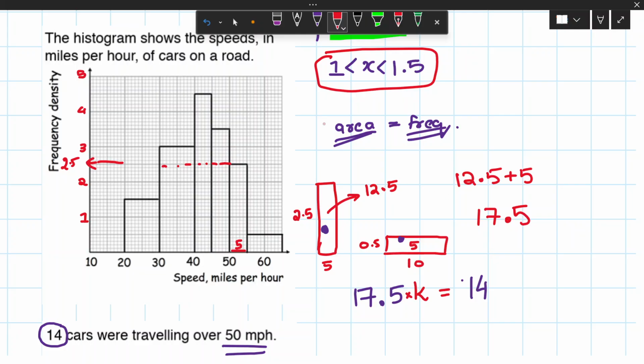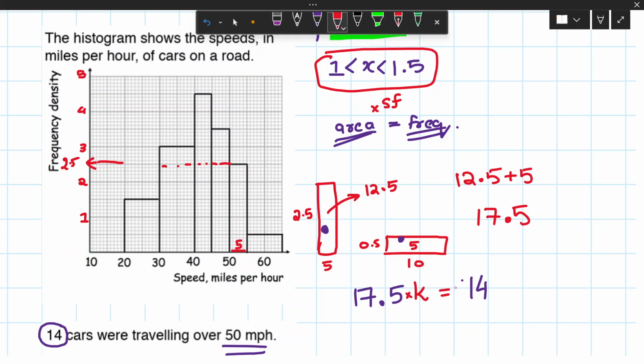The technique that we're doing is, because our area doesn't match with the frequency, we are bringing in some scaling factor or some number that would actually fix my area in such a way that area would actually be equal to frequency.